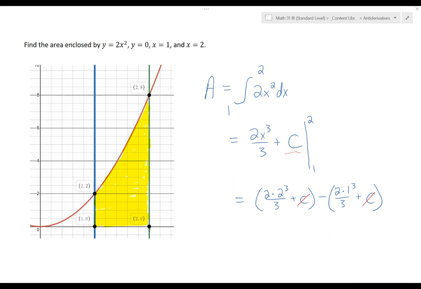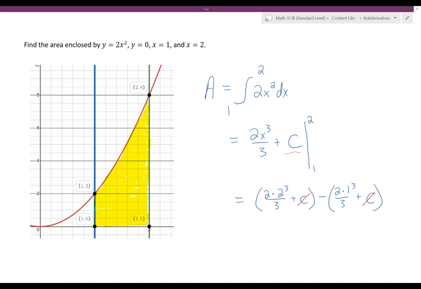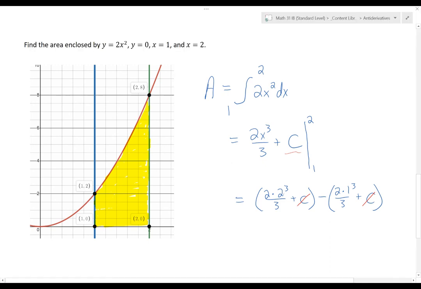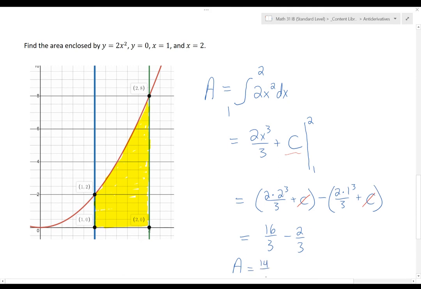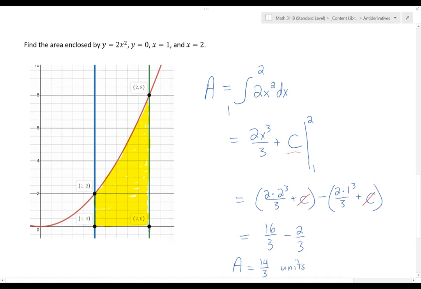We just assume that c equals 0, because this would work with literally any of the antiderivatives. It does not matter which antiderivative we choose, so we might as well choose the easiest one where c equals 0. So now that I've figured out I don't need the constant, this is 16 thirds minus 2 thirds. So in other words, the area here is 14 thirds units squared.